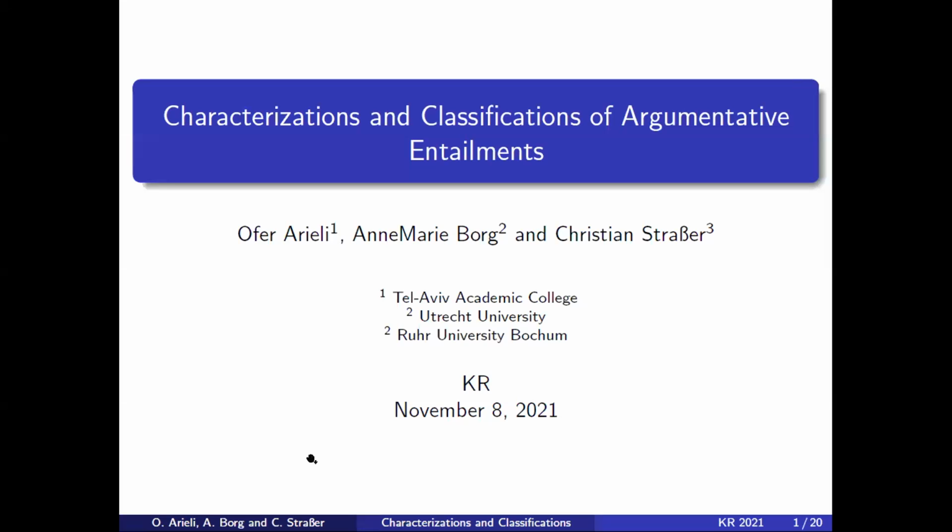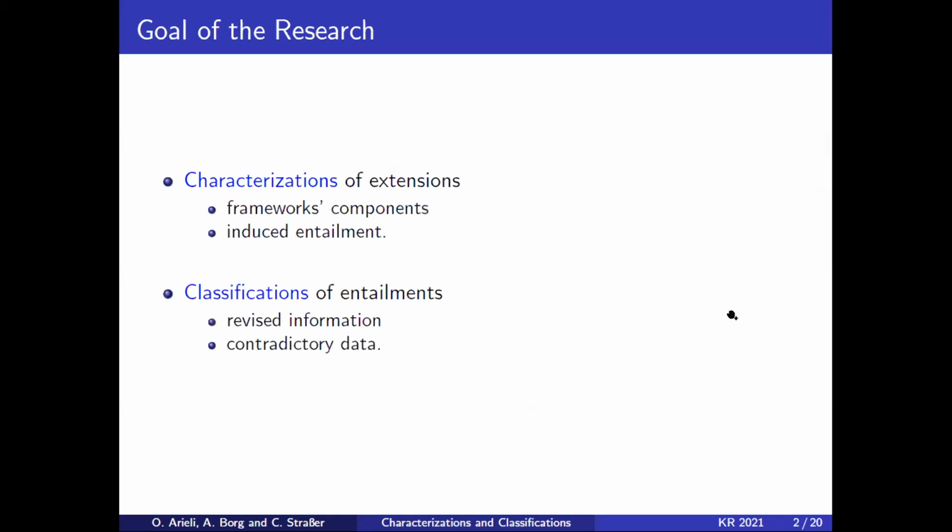Yeah, so thank you. This is work with Ofer, Arieli, and Strasser, and the idea was basically to see how certain design choices of your argumentation setting affect the properties that are satisfied by the argumentation setting, and in particular, argumentative entailments. So what we did is a characterization of the extensions based on the framework's components, and then accordingly identified the induced entailments.